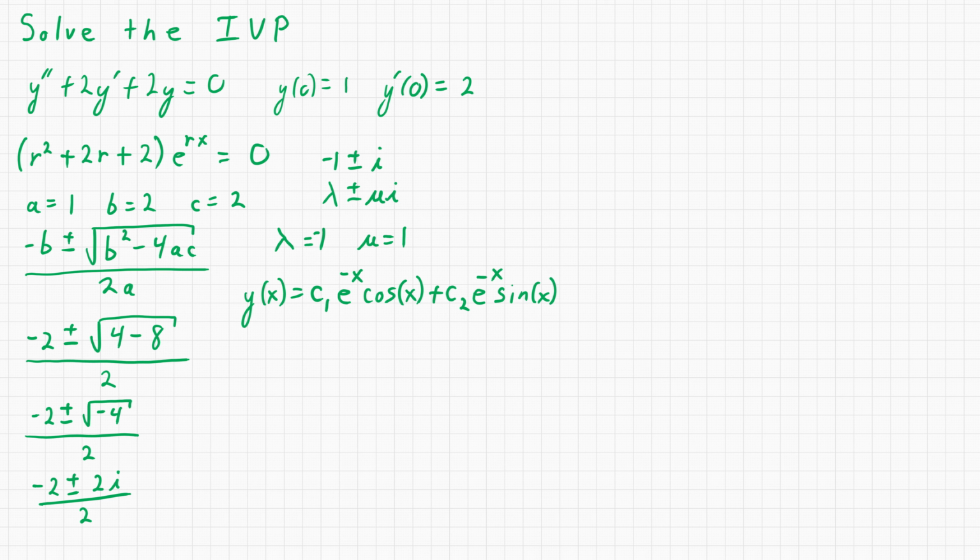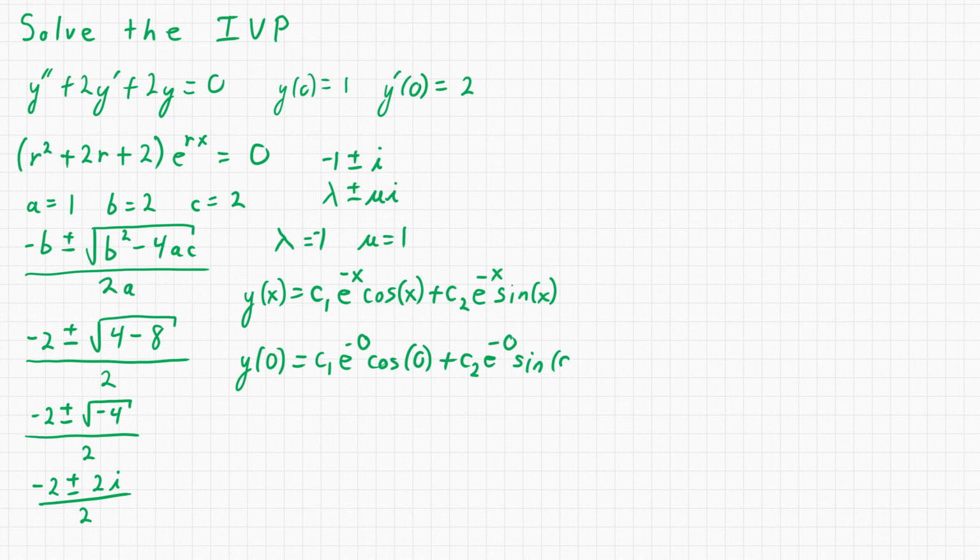All right, so next step, we have the general solution. Now we need to solve for the initial conditions for c1 and c2. So we already have y of x, so we might as well do the initial condition for y at 0. That's y evaluated at x equals 0, which is c1 e to the negative 0 cosine of 0 plus c2 e to the negative 0 sine of 0.